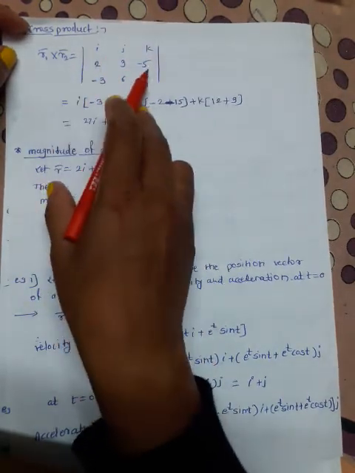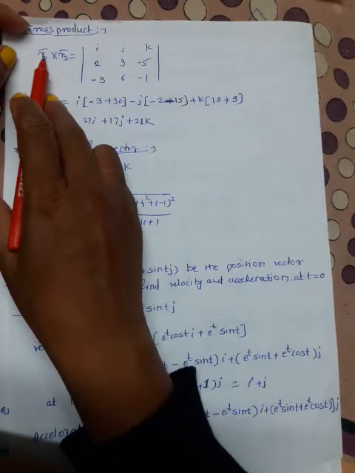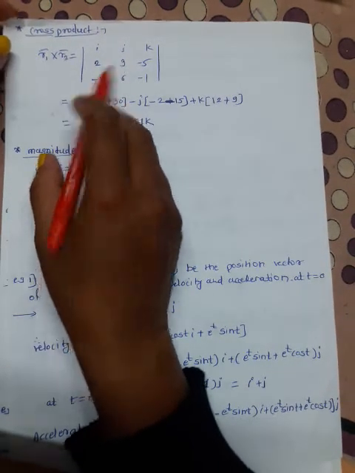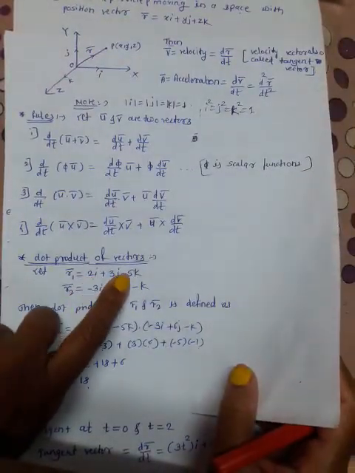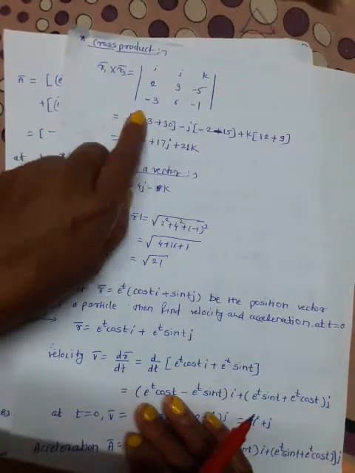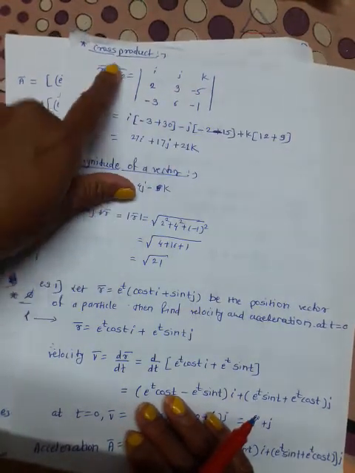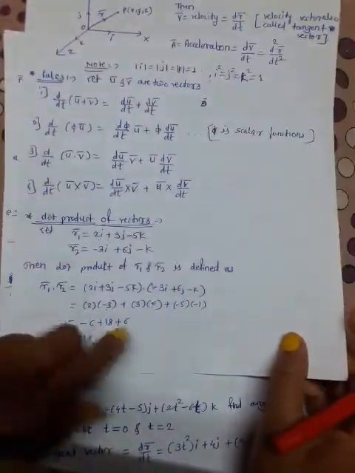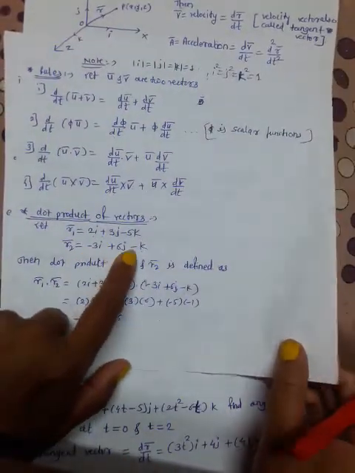The second row will be the coefficients of the first vector, r1 bar: 2, 3, minus 5. The third row will be r2 bar's i, j, k coefficients, that is minus 3, 6, minus 1.